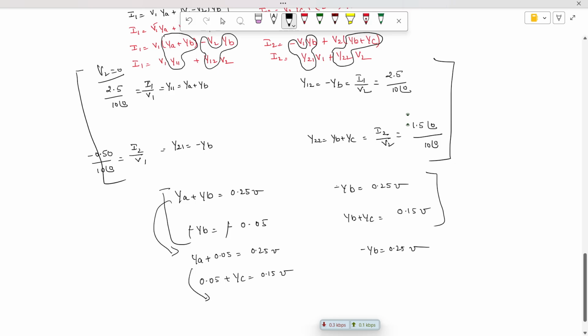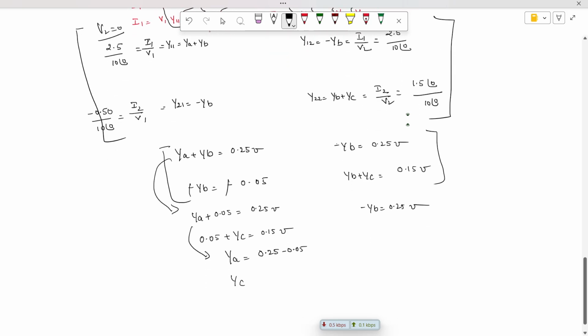So from here when you solve, you are going to get Ya is equal to 0.25 minus 0.05, and Yc is equal to 0.15 minus 0.05, and Yb is equal to 0.05.